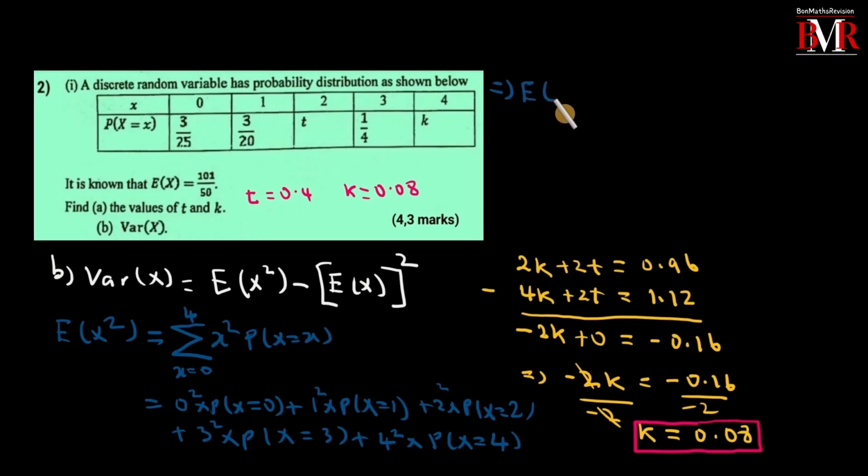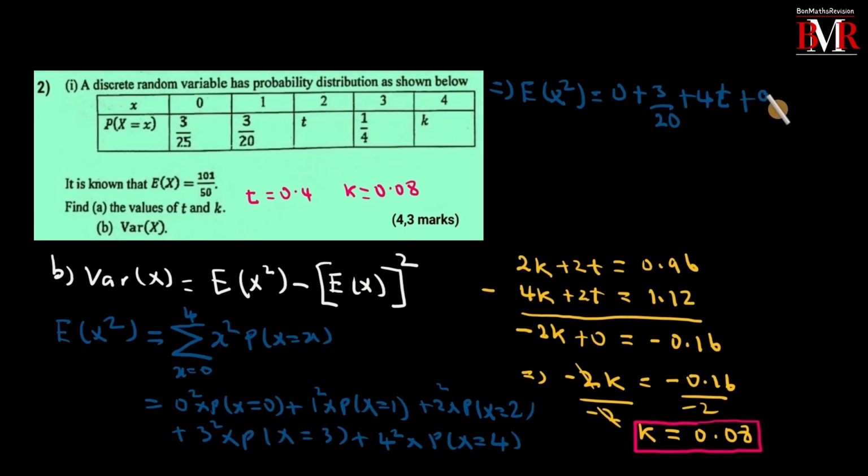That means E(X squared) is equal to 0 squared times the probability of 0, which is 0, plus 1 squared, which is 1, times the probability of 1 from the table, which is 3 over 20, and then 2 squared, which is 4, times the probability of 2, which is t from the table, plus 3 squared, which is 9, times the probability of X equals 3, which is 1/4 from the table.